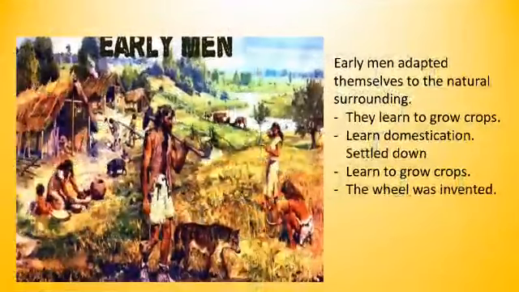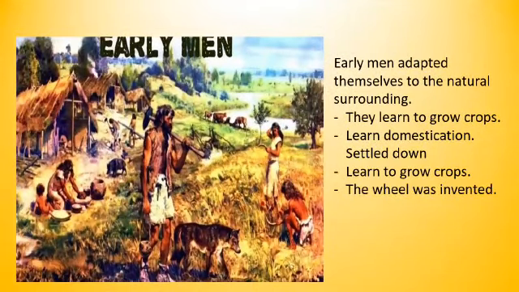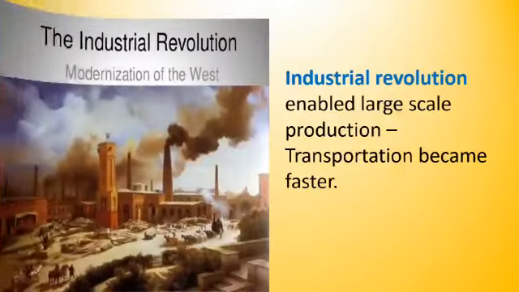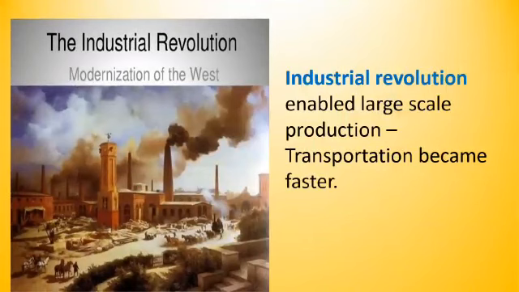If you see early man, they adapted themselves to nature. The early man started growing crops, learned domestication, settled down near the rivers, learned how to grow crops, and then introduced the wheel. So slowly and gradually early man changed the lifestyle. Later on, this led to the industrial revolution.